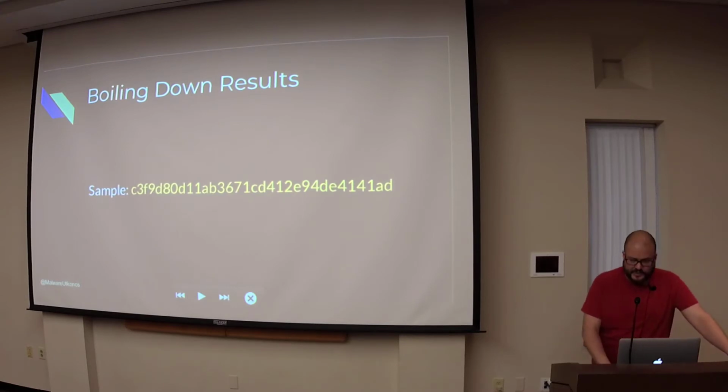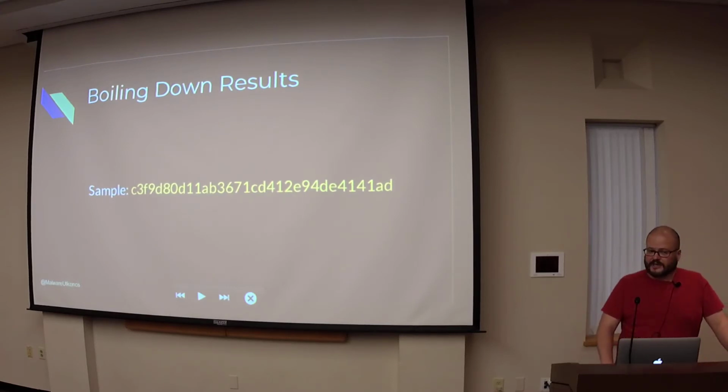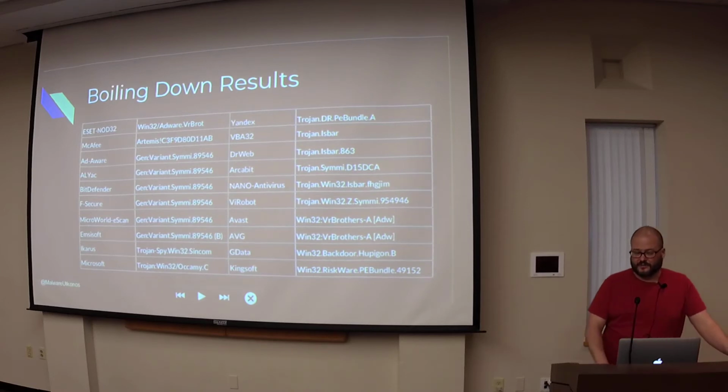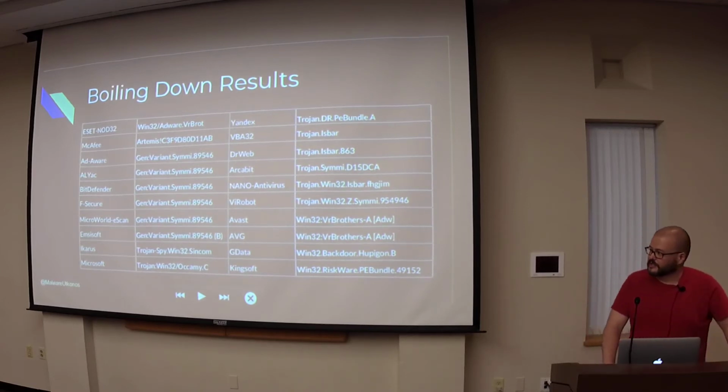But here's the process that I use for boiling down AV scanner results. If you want to follow along on your own, this is the MD5 of the sample that I'm using for this. What I've actually done is removed a lot of the scanner results that were generic.